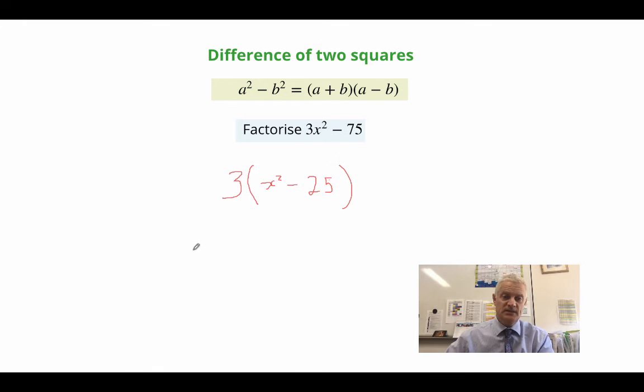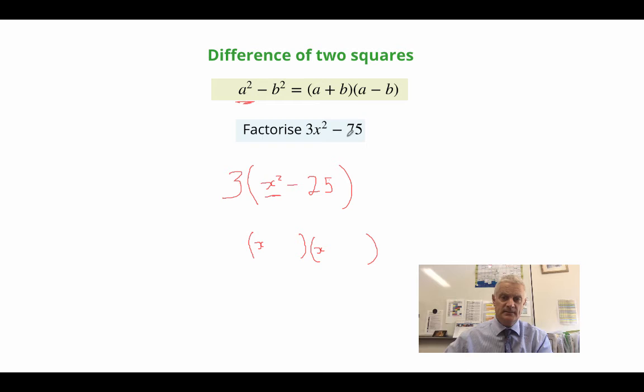So that means I can change this to two brackets with a plus b and a minus b in the second one. Well, what's a? Well, if a squared here corresponds to x squared, then a is just simply x. So we're going to have x and x according to our little formula here.